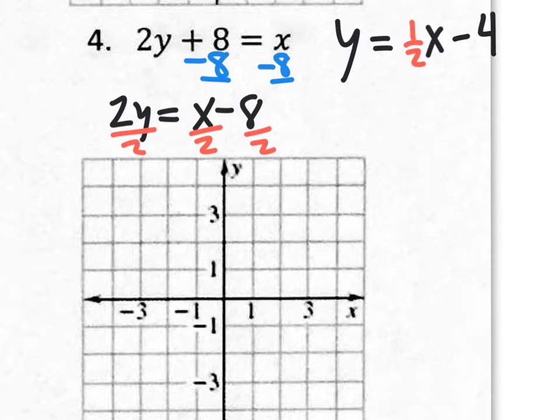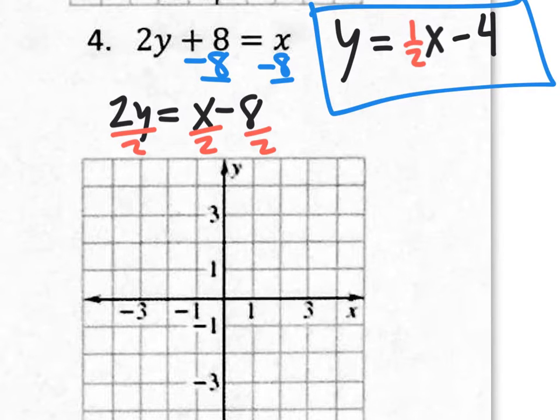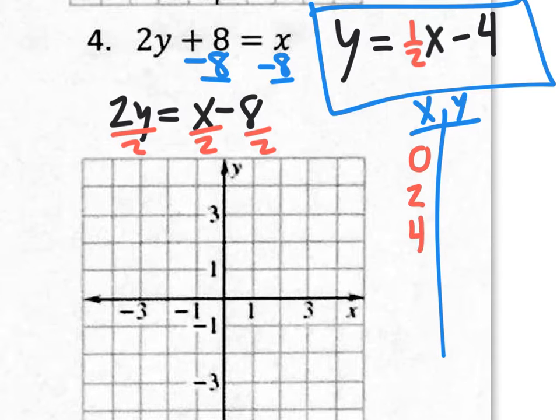Ladies and gentlemen, this is step 1, writing your function form equation. Once you have a function form equation, you want to jump to graphing with the xy table. And the inputs that we're going to use on this guy are going to be what? 0, 2, and 4. Or 0, 2, and negative 2. But right here, 0, 2, and 4 work. Okay?